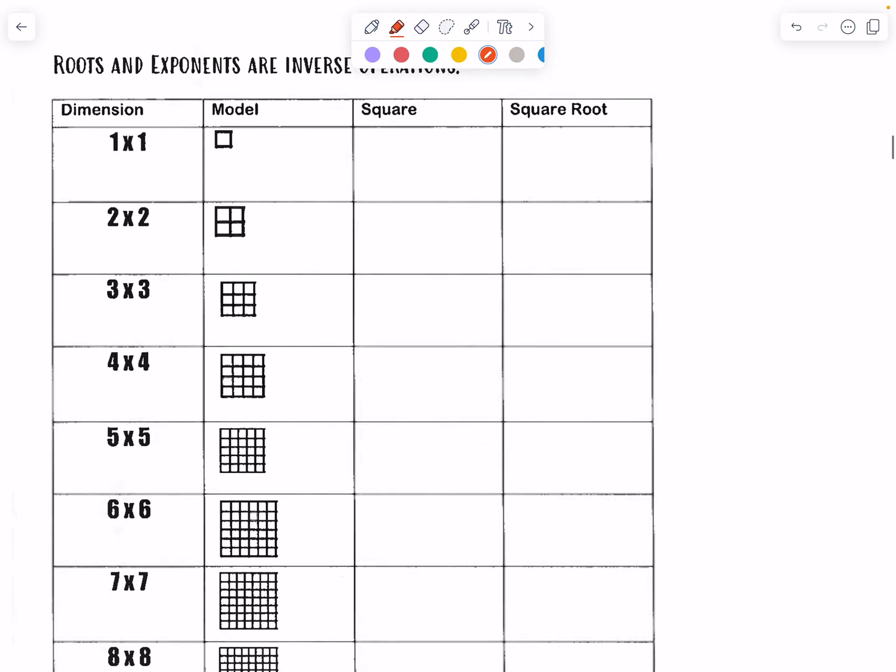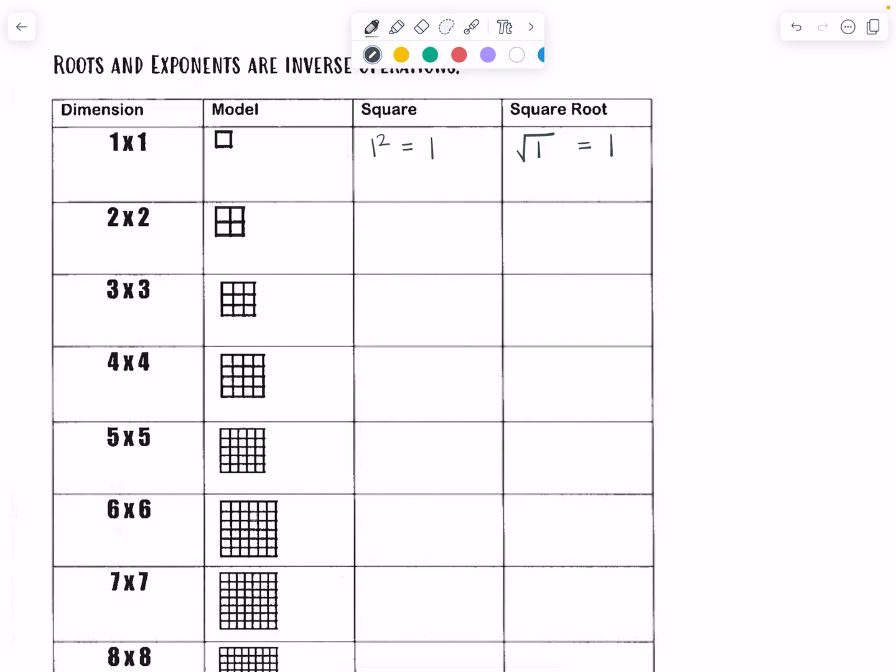So let's look at some perfect squares, and then with that, their relation to the square root. So I've got models here to show us what a 1 by 1, a 2 by 2 mean. So 1 by 1 is 1 squared, which is 1. And therefore, the square root of 1 is 1.